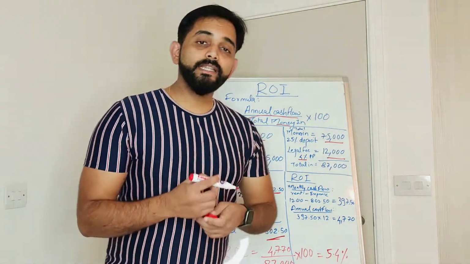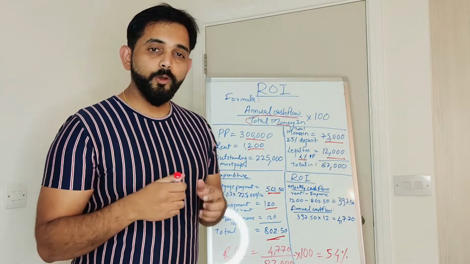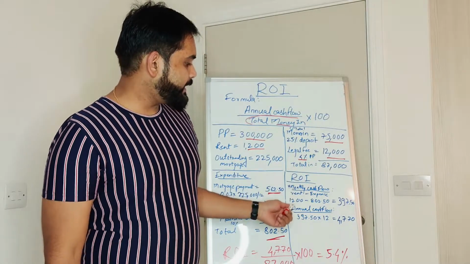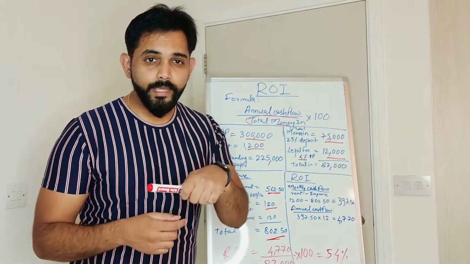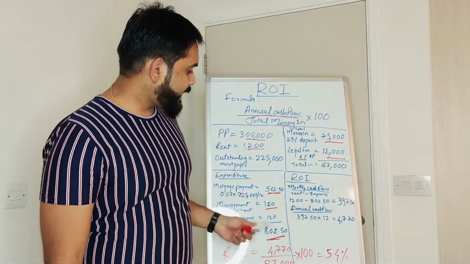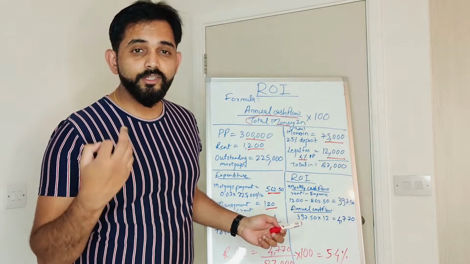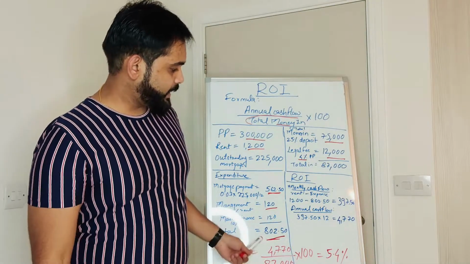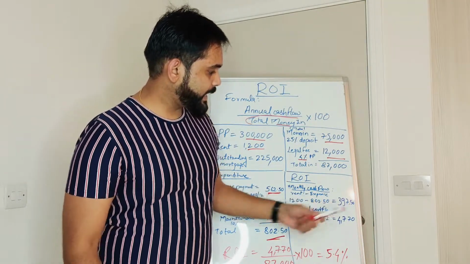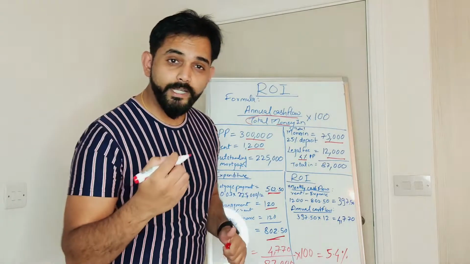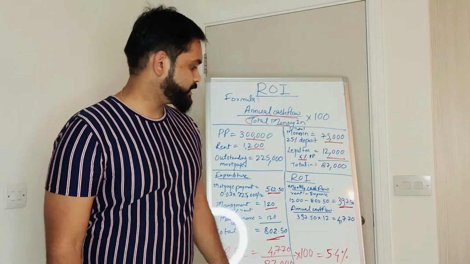To calculate the monthly cash flow, how can you calculate the cash flow when you are putting your property on to rent? The rent is around 1200, which is the gross amount the tenants will be paying you, minus the expenditure which we calculated, your mortgage, management fee, gas bill, electricity, which is 802.50. So 1200 minus 802.50 is 397.50, which is the profit left monthly after deducting all the expenditures.